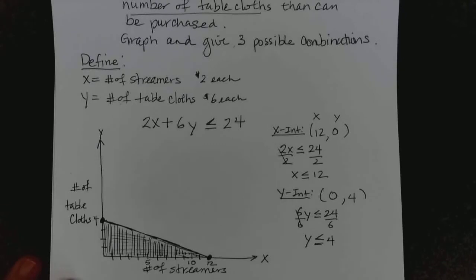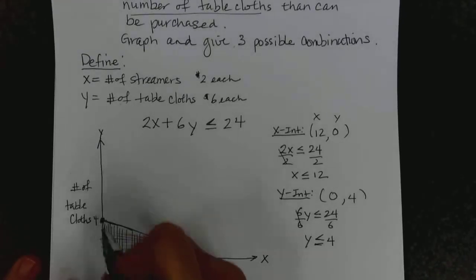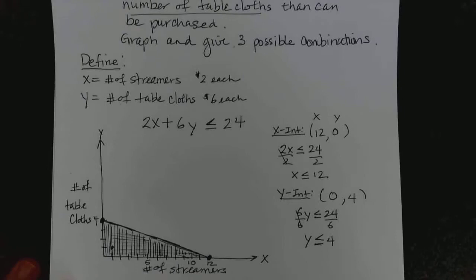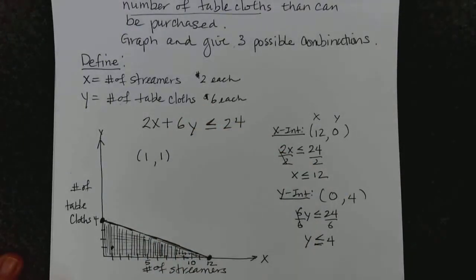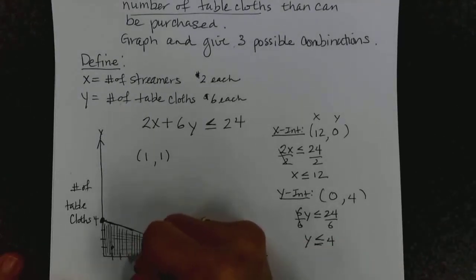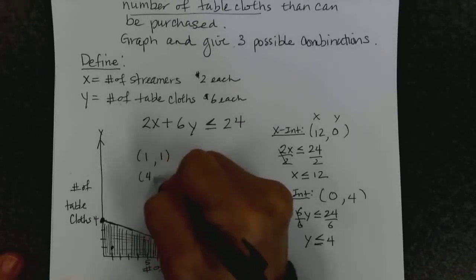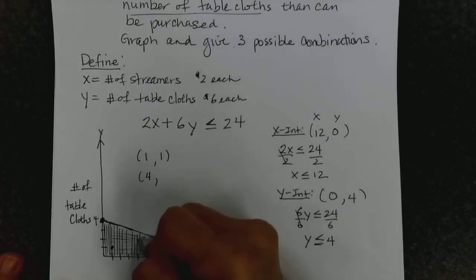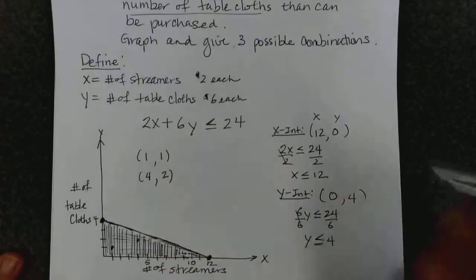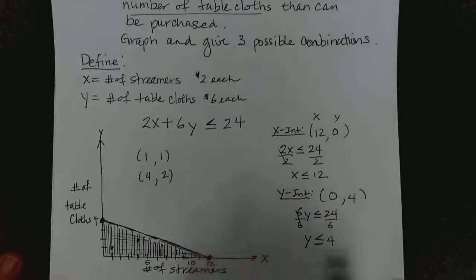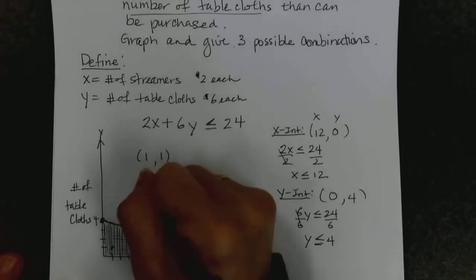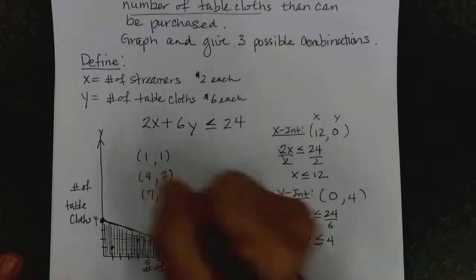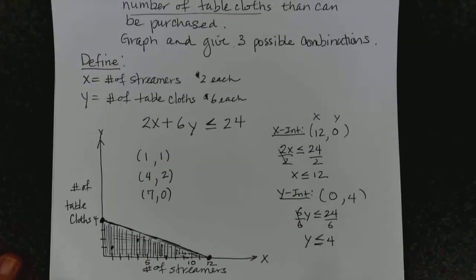So I want 3 possible solutions. If I look here, I could say 1, 1. That's in the shaded region. So I could buy 1 streamer and 1 tablecloth. And another possibility would be 1, 2, 3, 4: 4 streamers and 1, 2 tablecloths. And I can even say, okay, I'm going to spend all my money on 7 streamers and no tablecloths.